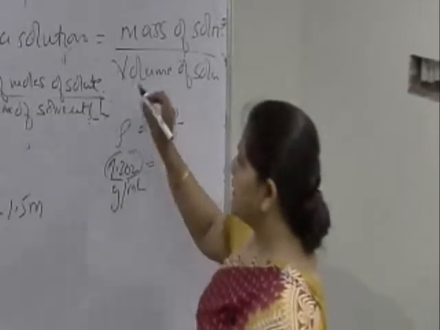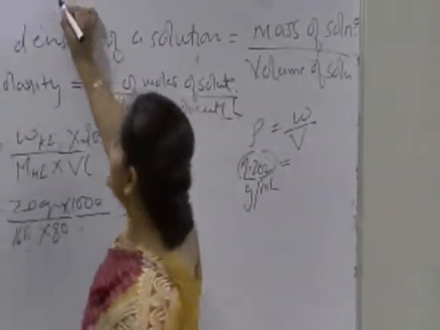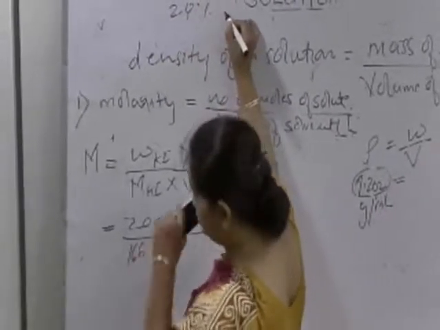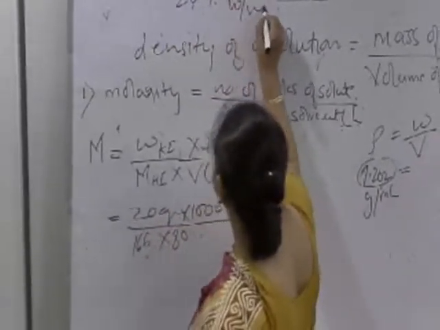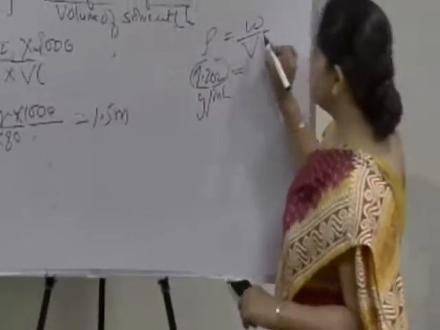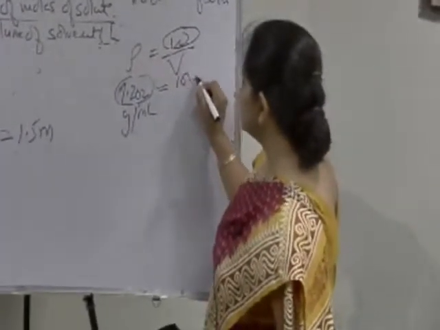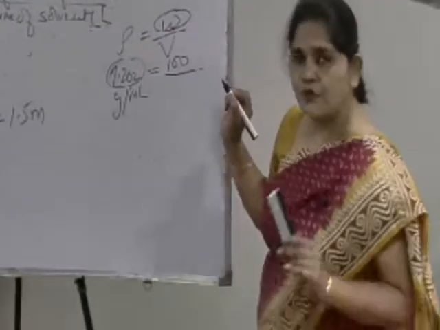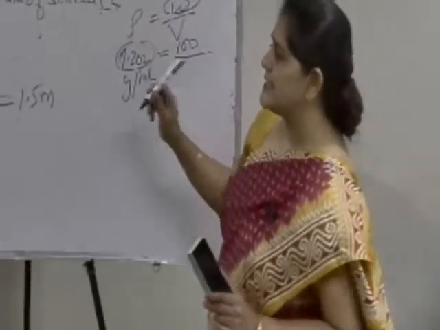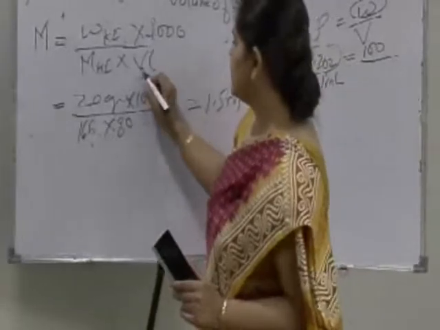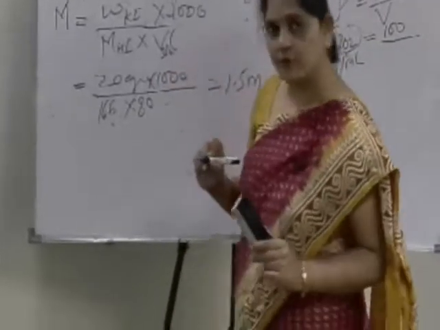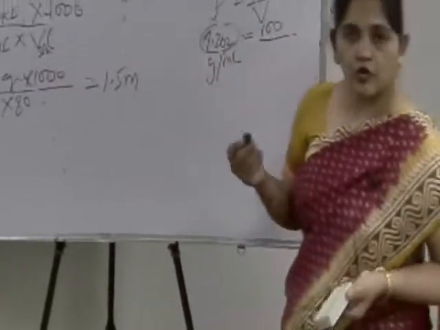Here, because it's given as 20% by mass, that is per 100 grams, you just take care that the mass of solution is to be taken to find the volume of solution, because in this formula you want the volume of solution, not the volume of the solvent or the solute.